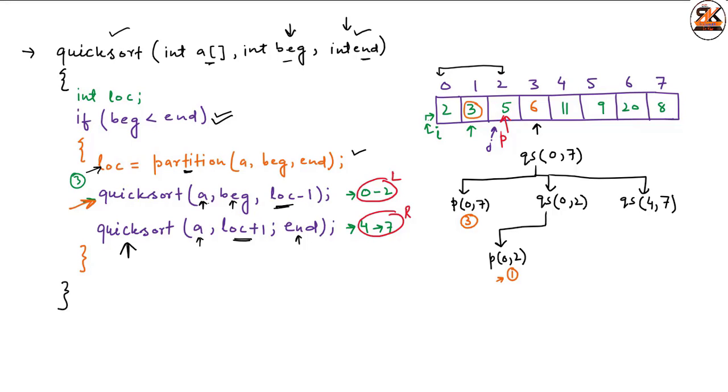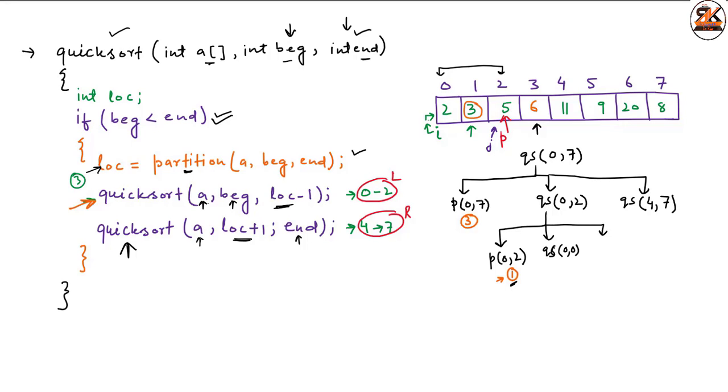And again the next call depends on the value of this 1. Now further, the quick sort algorithm will be called as quick sort, based on this value that is returned from the partition function, beginning to location minus 1. What is beginning? 0. What is location? 1. 1 minus 1, 0.